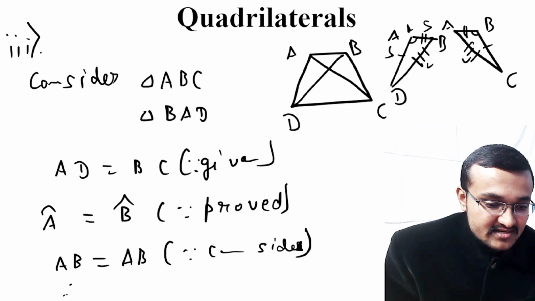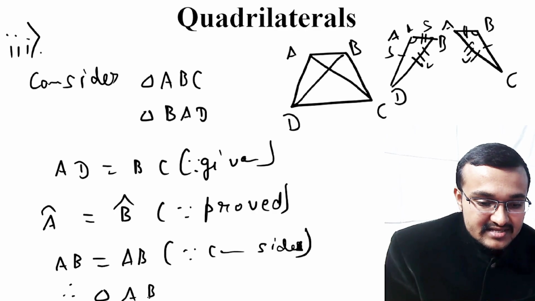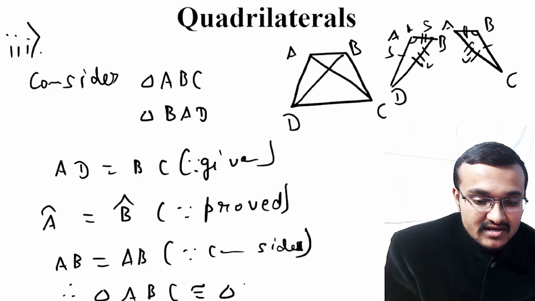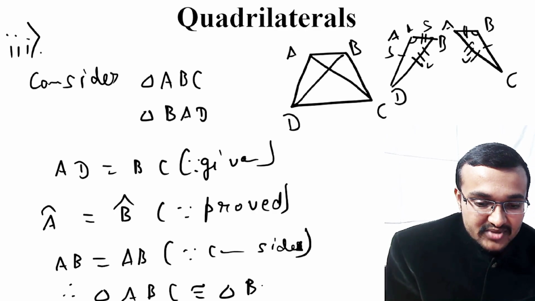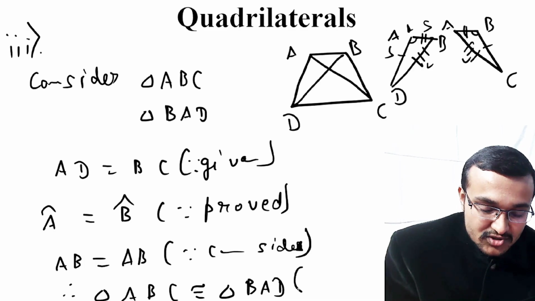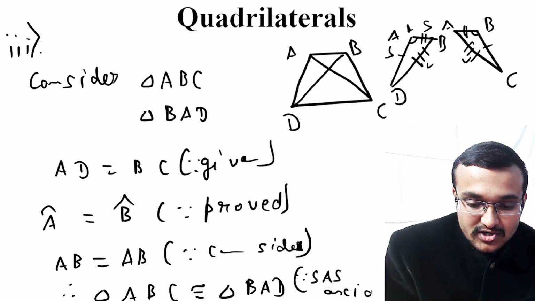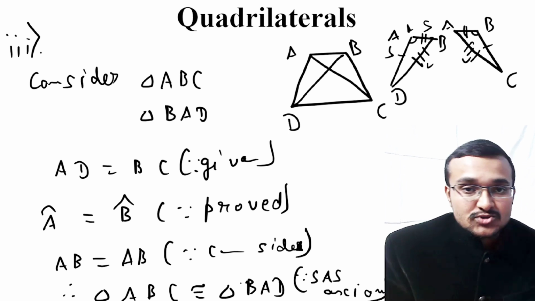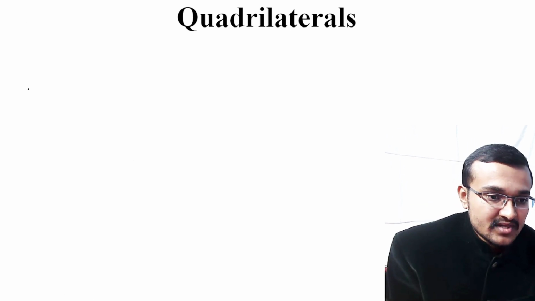So because of this, triangle ABC is congruent with triangle BAD. This is because of the SAS axiom.